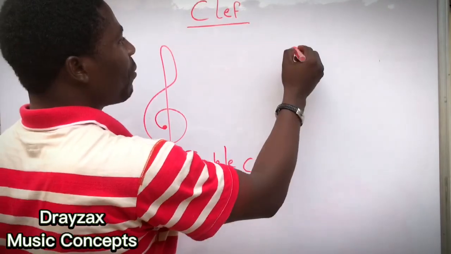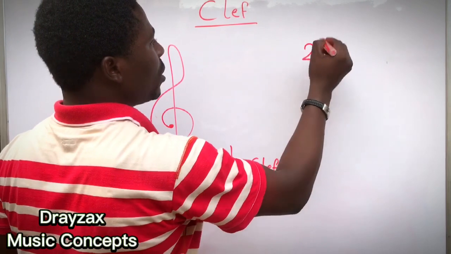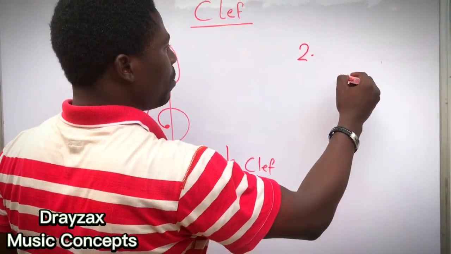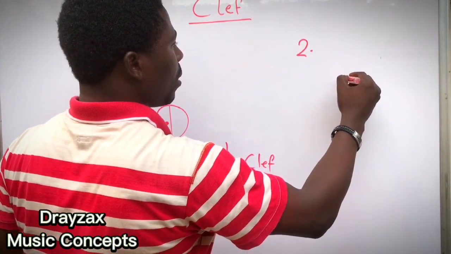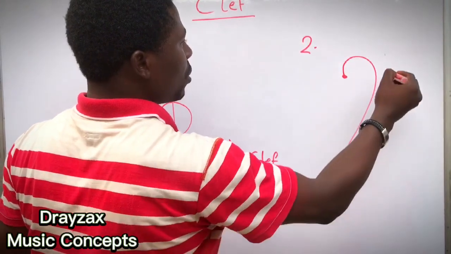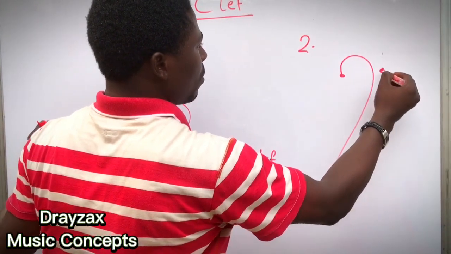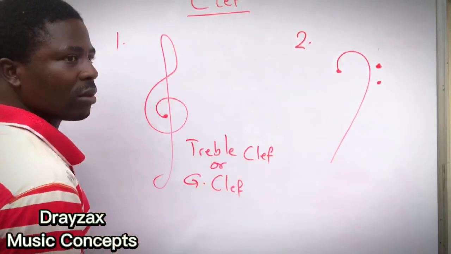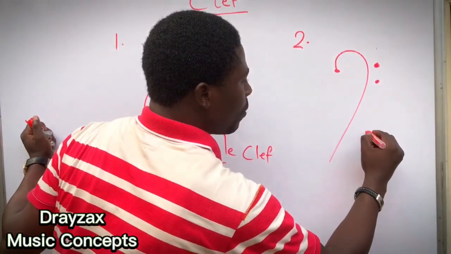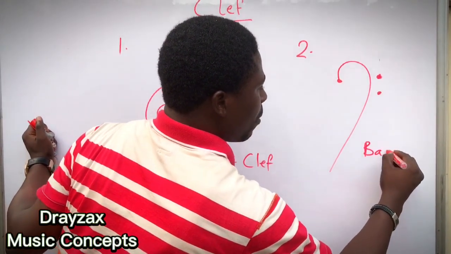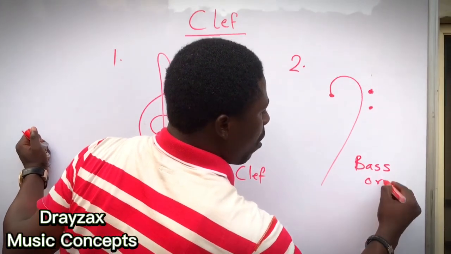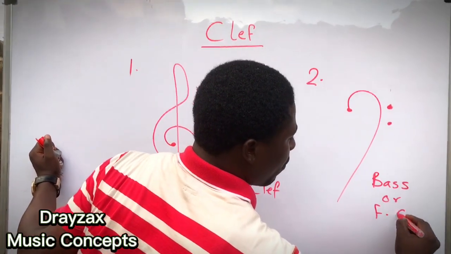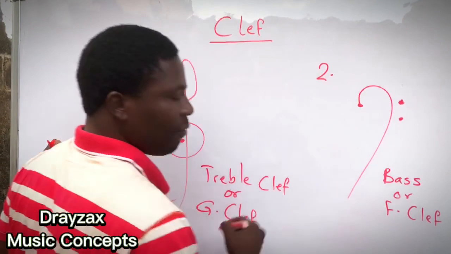And the second type of clef that we're going to do in this class is this. It looks like a question mark, but it's not a question mark. This is the second type of clef. This one is called the bass or F clef.